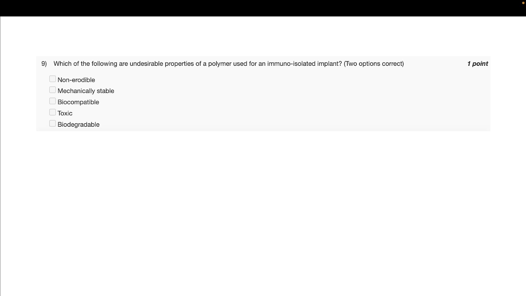The next is, which of the following are undesirable properties of polymer used for an immunoisolated implant? We discussed some of these concepts in the previous questions as well. So 2 correct options here. Any guesses? I think so. Toxic and biodegradable. Okay, that's one response. Thanks for answering.